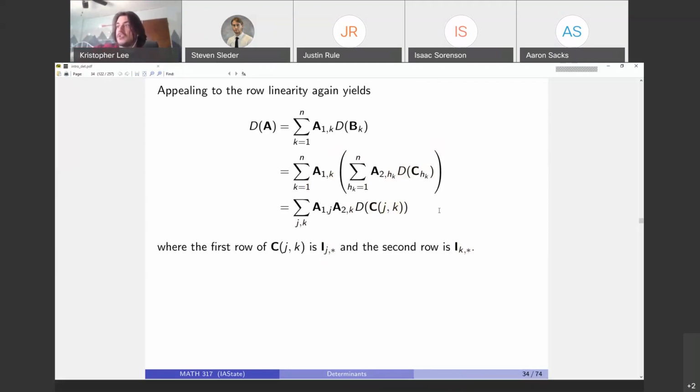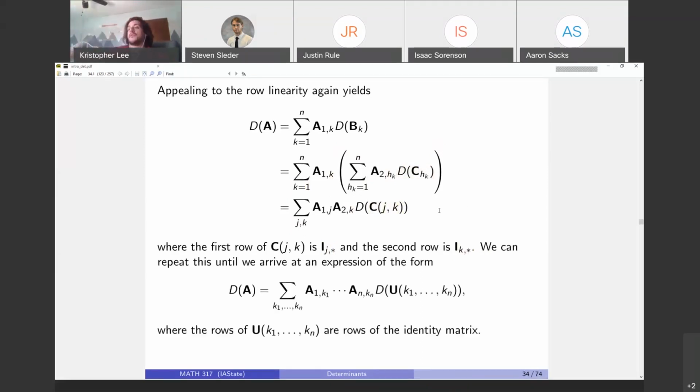And then you repeat this until you exhaust all of the rows, and that means you'll end up with this sort of god-awful expression where you've got n indices running around. They all sum from 1 to n, and the only thing we need to keep track of is that k1 here is the index that goes there, k2 is the index that would go for a2, all the way up to here, and the matrices that we end up with are just matrices whose rows are the rows of the identity matrix, where they've just been scrambled, essentially.